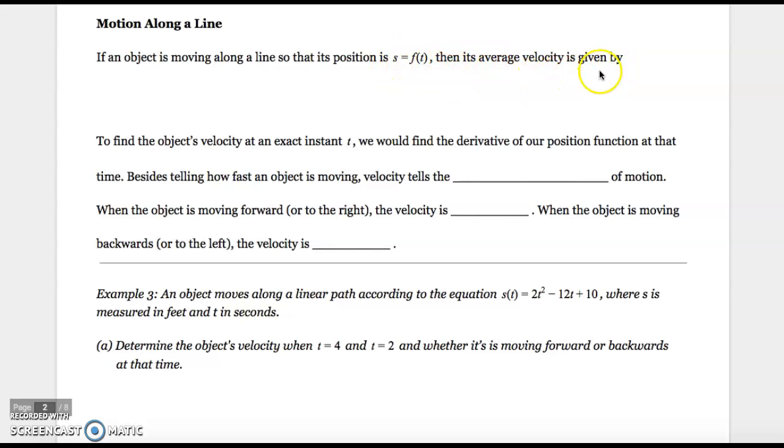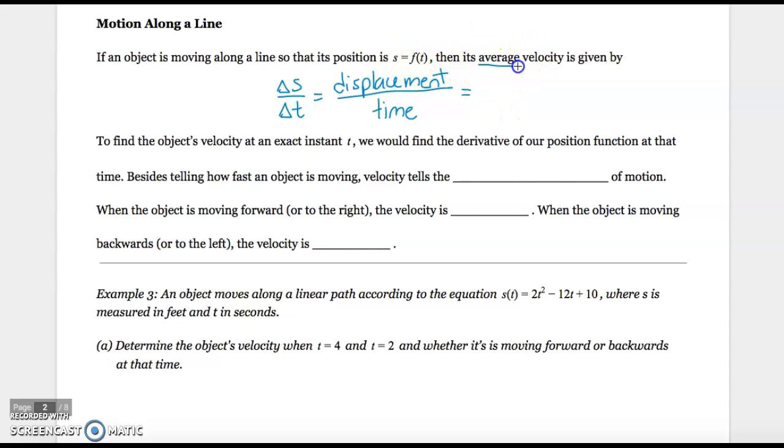Then its average velocity was given by the change in position over time. So it would be a change in position over time. This could also be the object's displacement over time. And then we would use our slope formula, right?